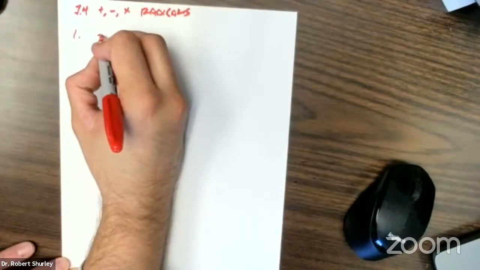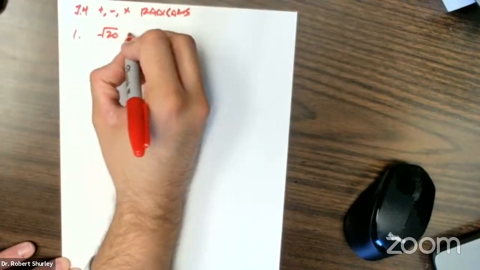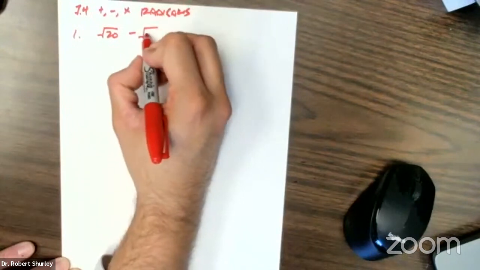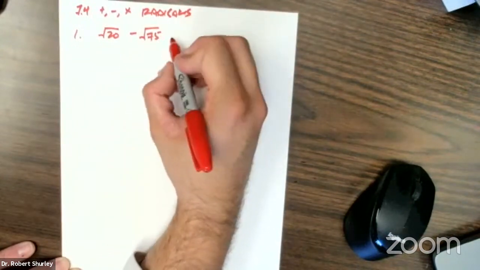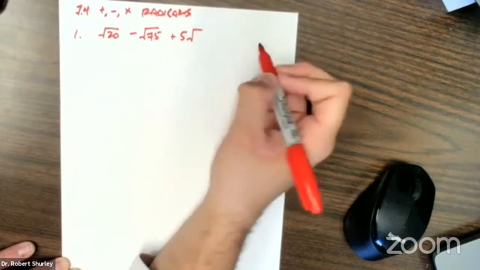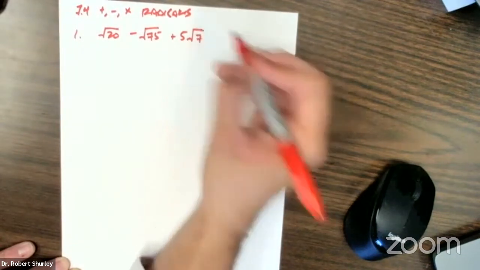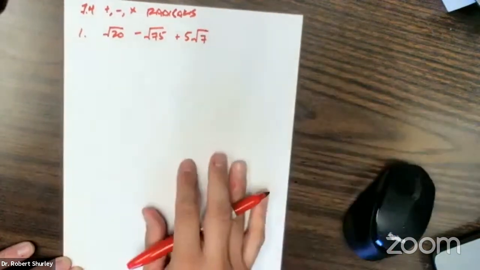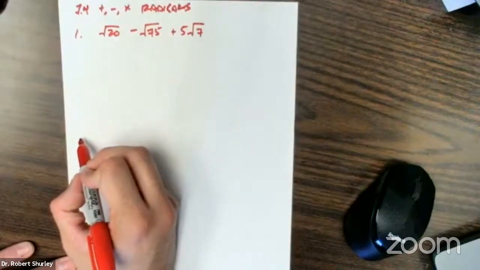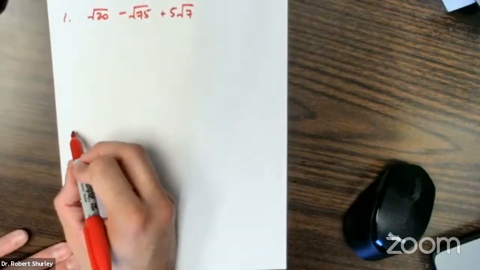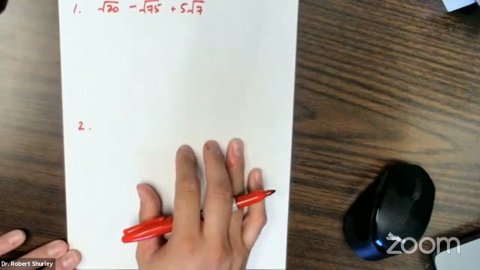Let's say we've got the square root of 20 minus the square root of 75 plus 5 square root of 7. I'm only going to do 2 per page here because it takes up a lot of space. So let's do number 2.